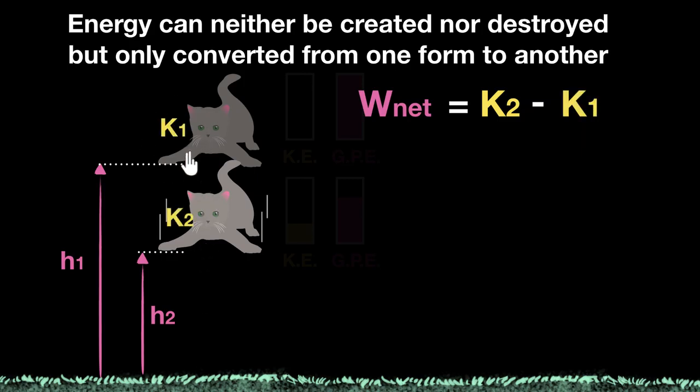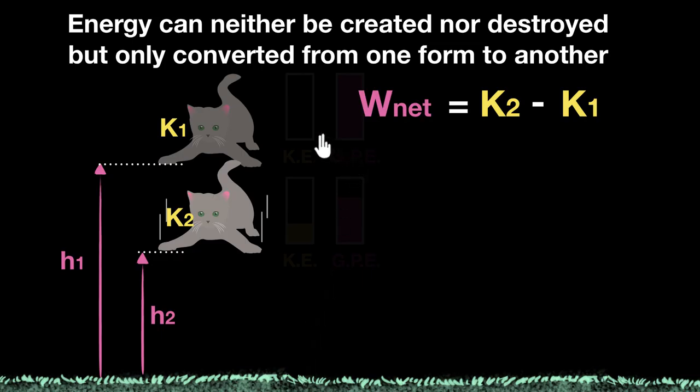Of course, in our example, K1 is 0, but let's just call it K1. What is this equation saying? This equation is basically saying that the total work done on a body represents how much kinetic energy gets added to it or removed from it, okay? And we've talked a lot about this equation in a previous video called work energy theorem. So if you need more clarity, it's a great idea to go back and watch that.